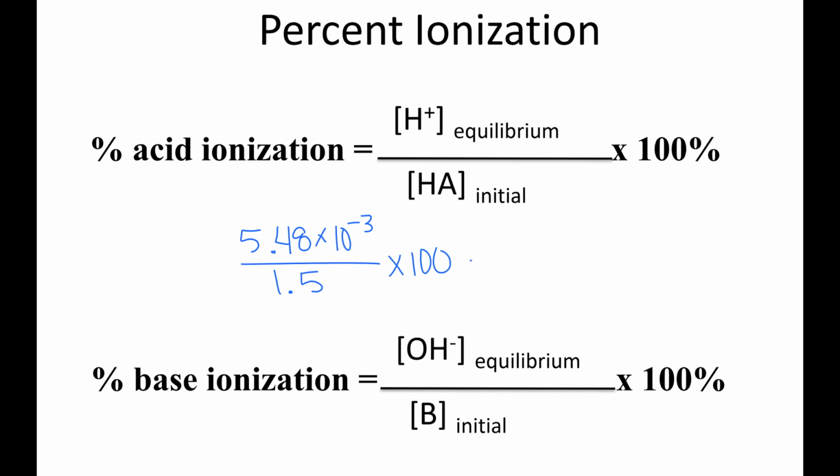We are going to times it by 100. What percent ionization does is it tells us how much specifically of the acid ionized into its ions, so broke up into its pieces. And when I put this into my calculator, I get 0.365%.